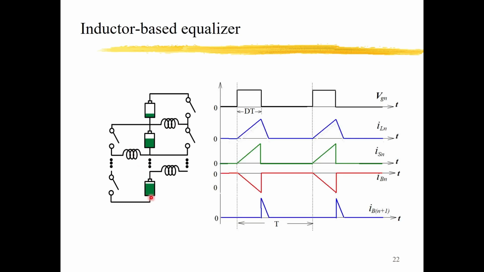But inductor components actually are heavy components, and they take some space. So if the size of your circuit is limited, or if the weight is limited, this method is not so suitable for your application.